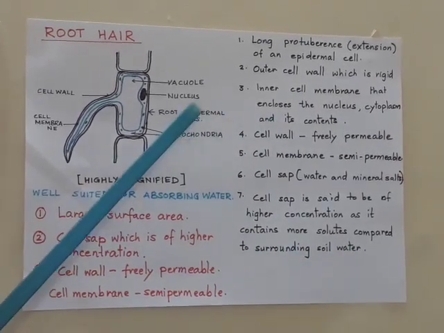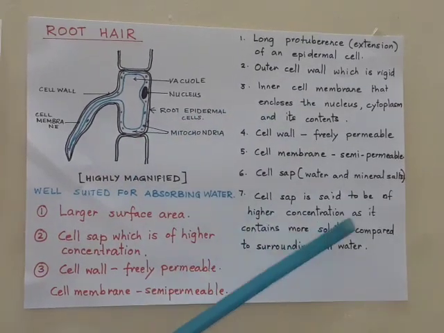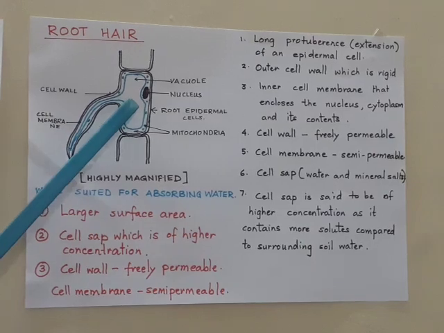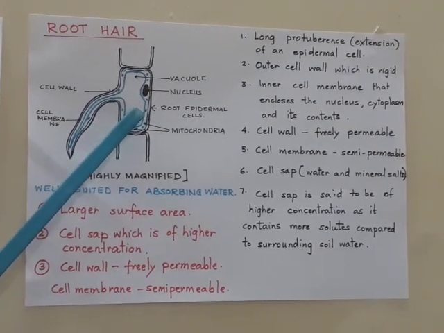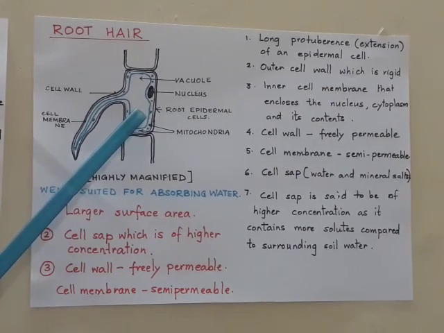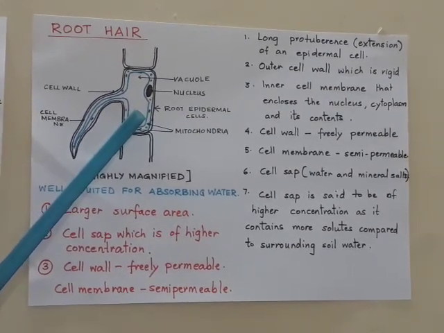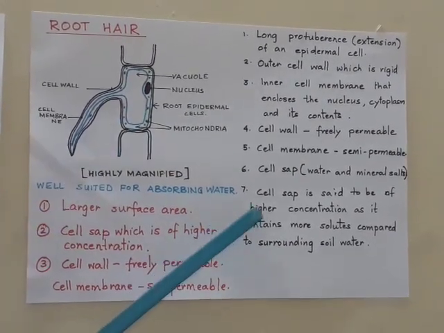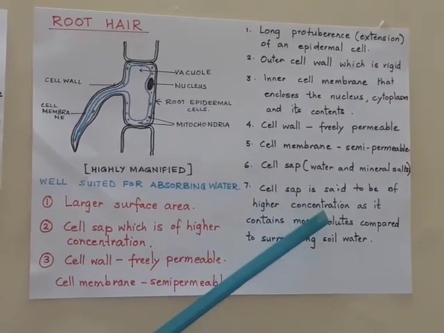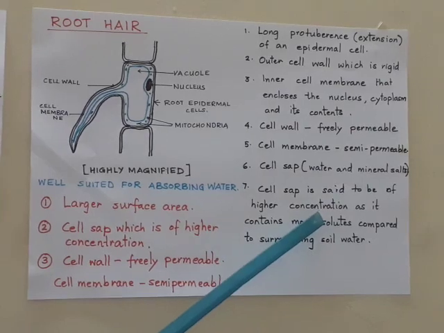The soil water, higher concentration of cell sap. That means the number of molecules of solute is more, but the number of molecules of water is less. That is the reason why the cell sap is said to be of a higher concentration.